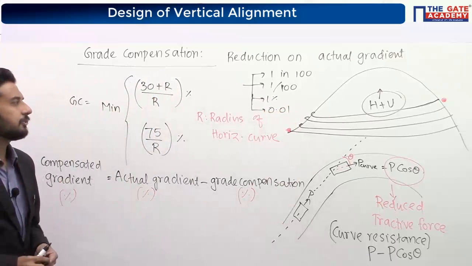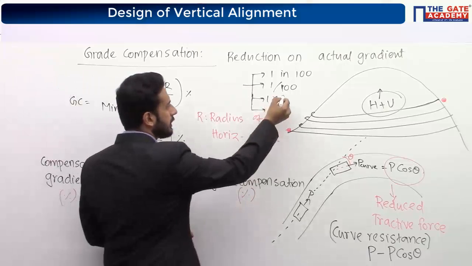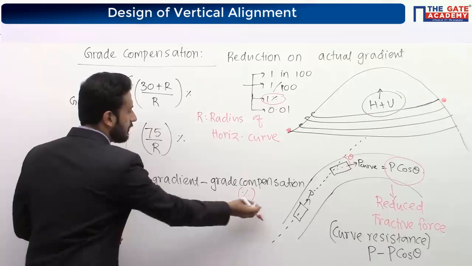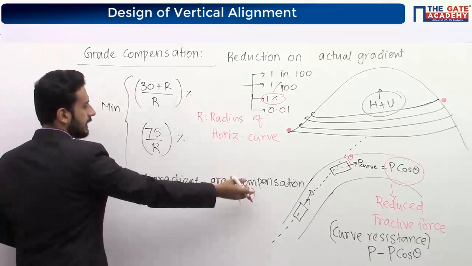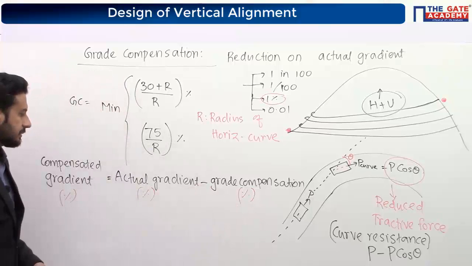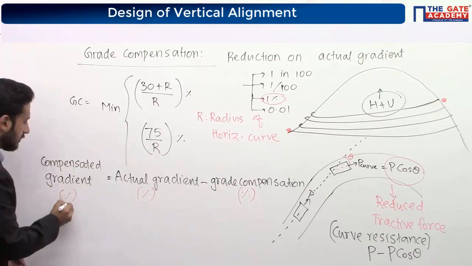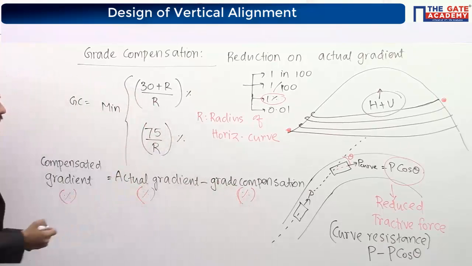In whichever form they are giving you the existing gradient, first we have to make it into percentage form, then we have to put this equation. Why? Because directly we are getting percentage here, so from a percentage value only I can minus another percentage. Understanding? Okay, so note down these things. Either they can ask you this or this.